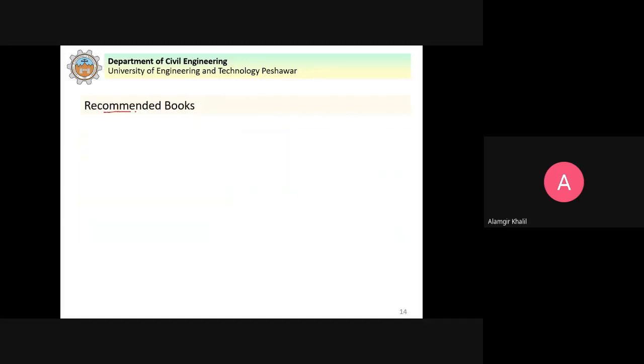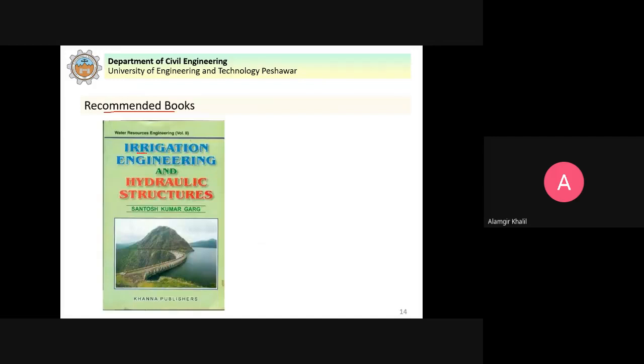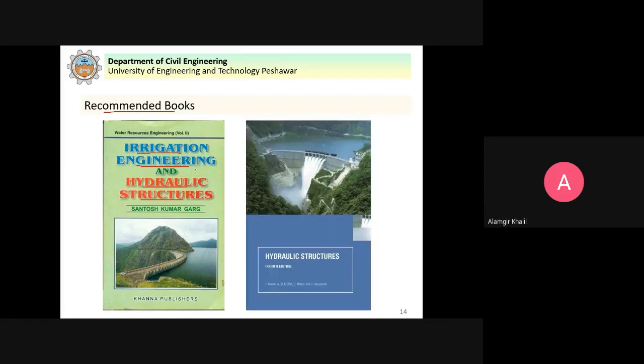The recommended books for this course, we have Irrigation Engineering and Hydraulic Structures by Garg. So this is the book which is given in your curriculum. The second book which is given in your curriculum, that is Hydraulic Structures by Novak, Moffat.